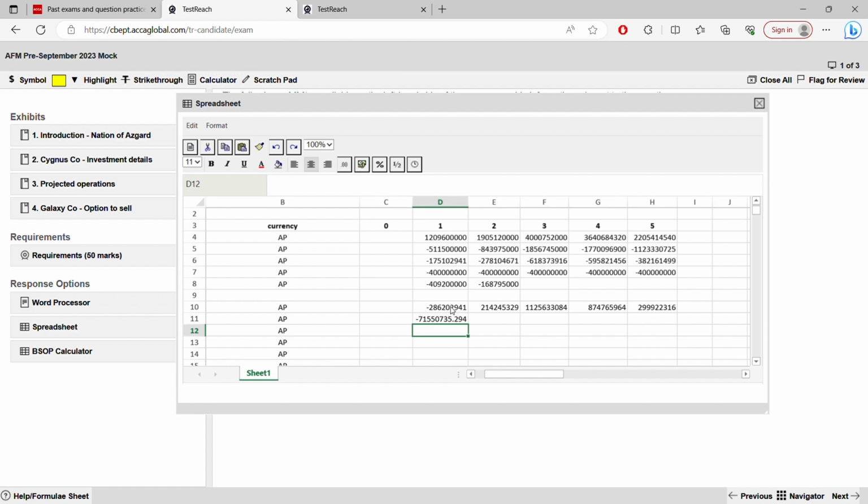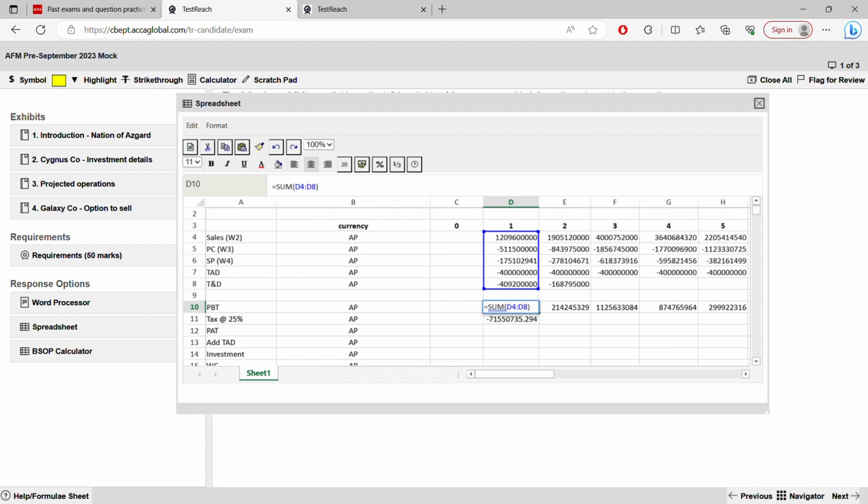Just a minute. There is something which is wrong here. I've discovered the mistake.